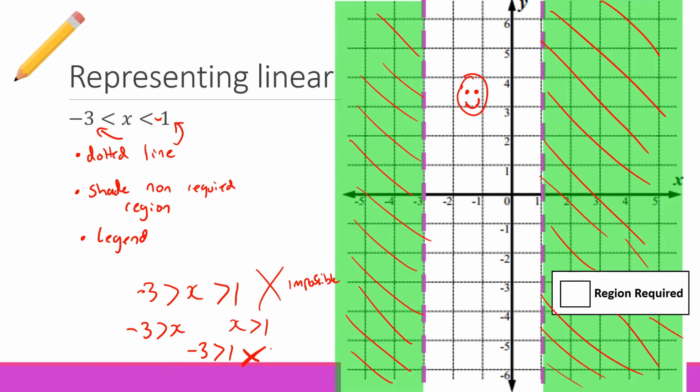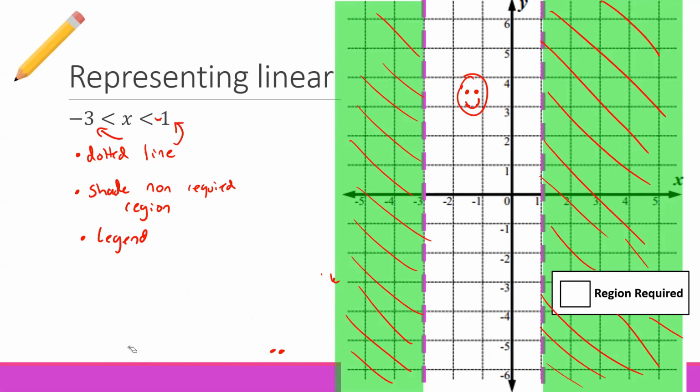This one doesn't make sense. -3 is not greater than 1. You can't plot that. It's not logical. You can't have a number that's less than -3 and a number that's greater than 1 at the same time. Such numbers don't exist.